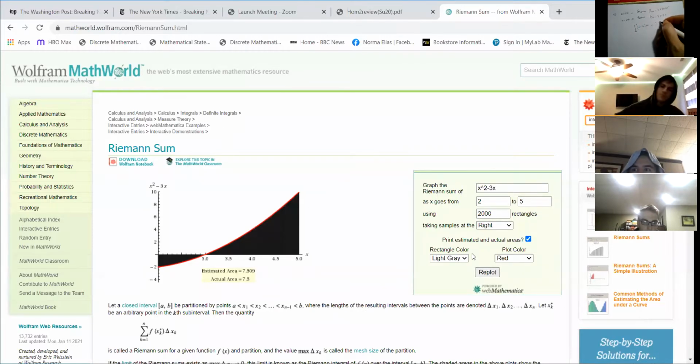So I don't know, 7.5 something. Okay, here it is, 7.509. So it took a little bit of time actually to compute. So when I took 2000 subdivisions, we got 7.509. So the integral should hover around 7.5. And the more subdivisions, the closer we're going to get to 7.5.